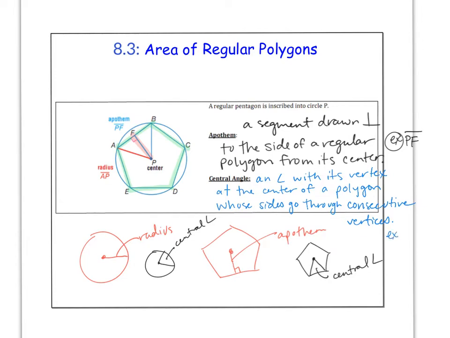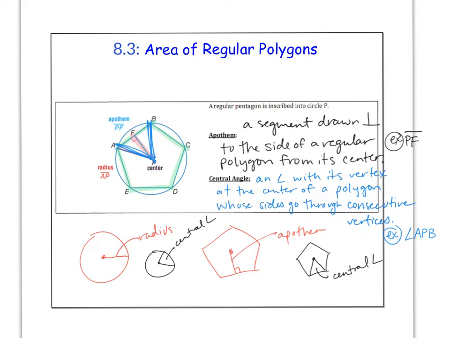Consecutive means right in a row. An example in this picture of a central angle would be angle APB. This right here, I'll outline it in blue. That would be a central angle of the circle and of the polygon.